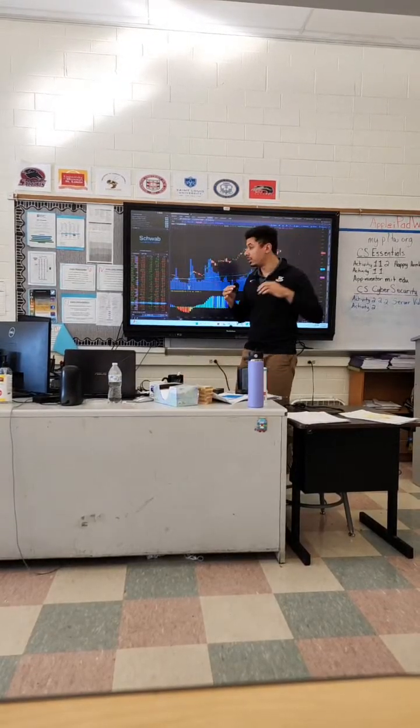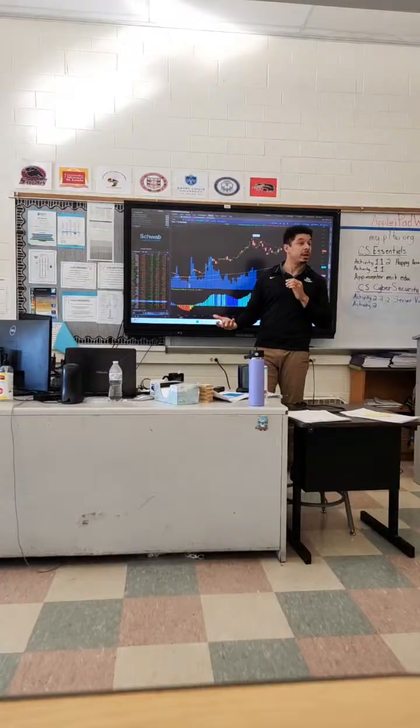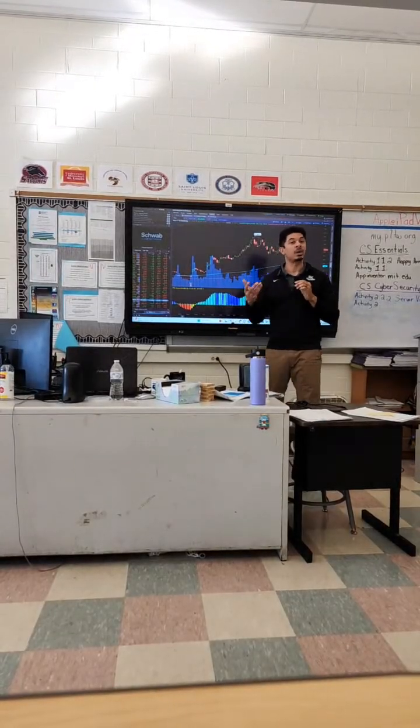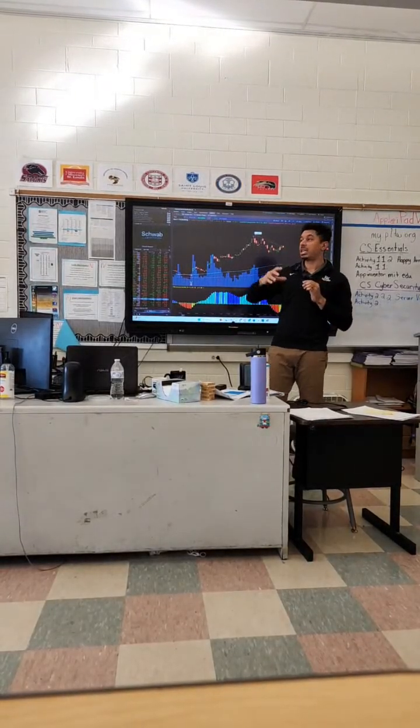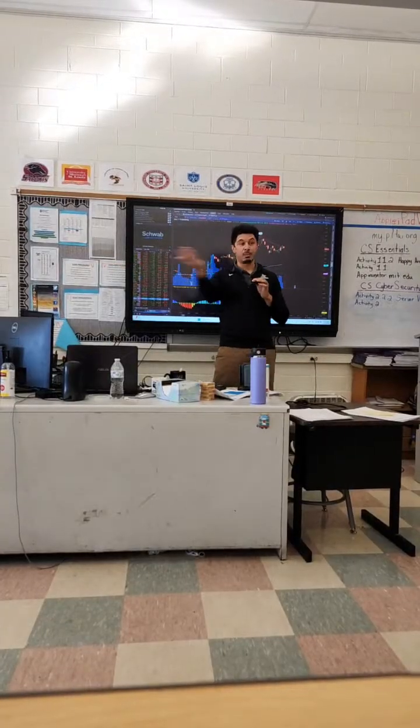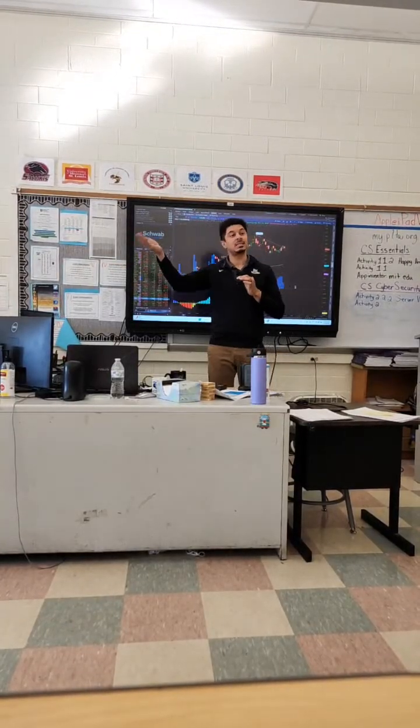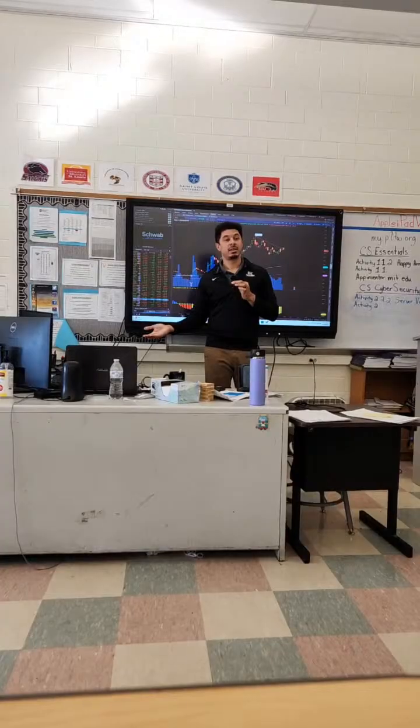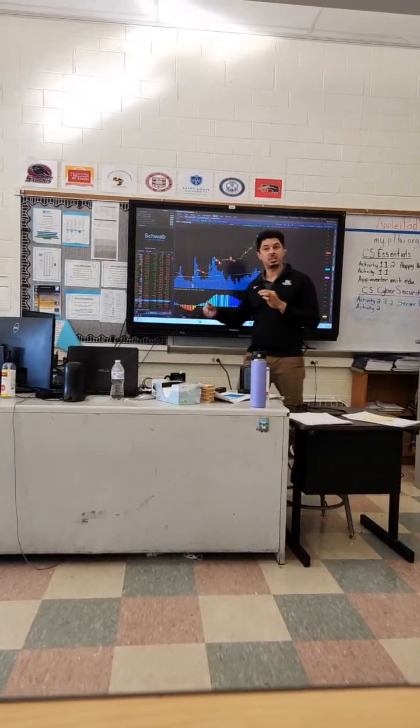And what happens when this thing called an IPO, an initial public offering, occurs is it gives a chance for anybody in the United States of America to invest in your company. And that investment is in shares.